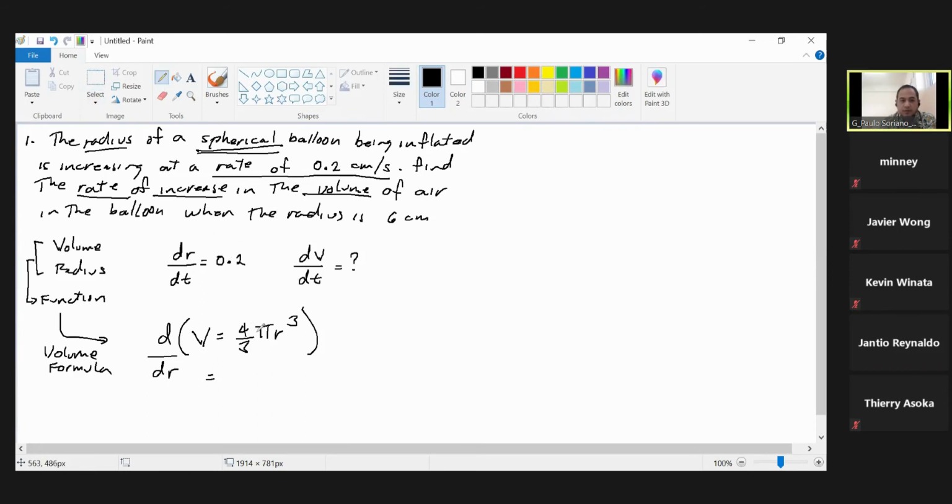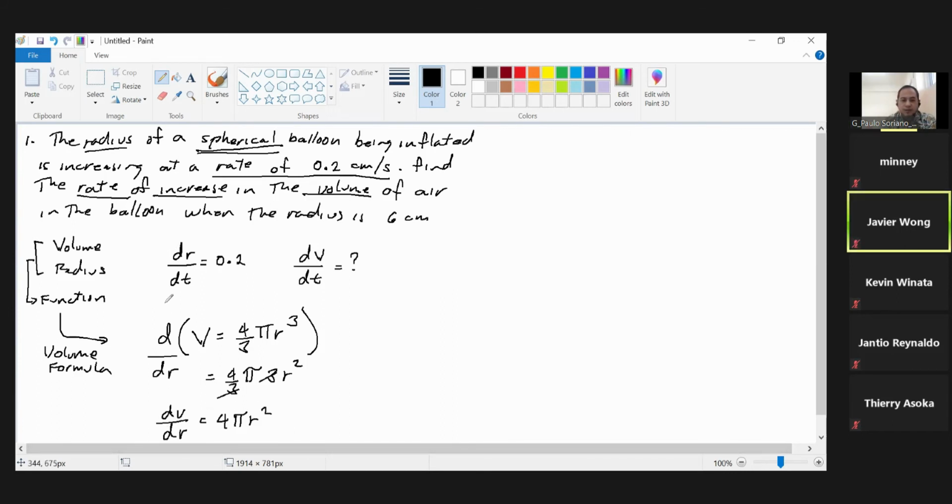So 4/3 pi times 3r squared. So what we have is dV per dr is equal to 4 pi r squared. Clear?